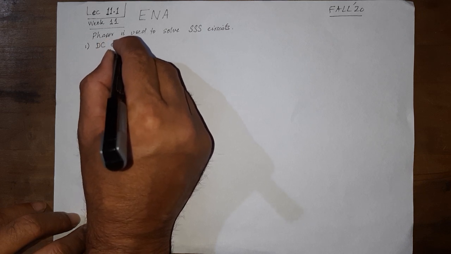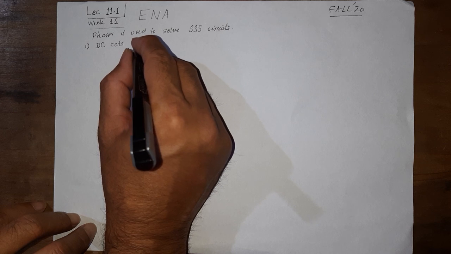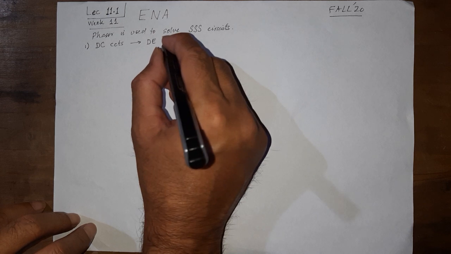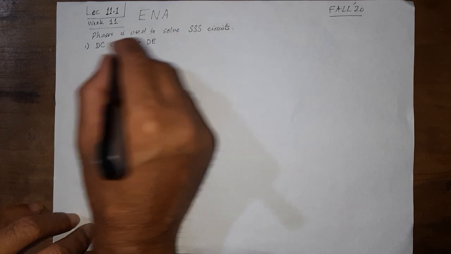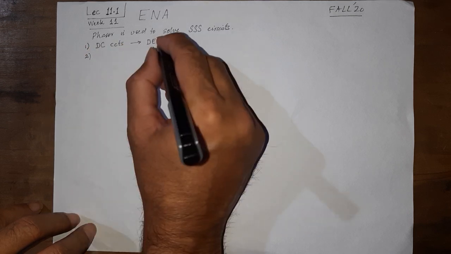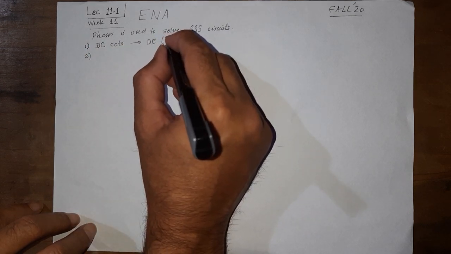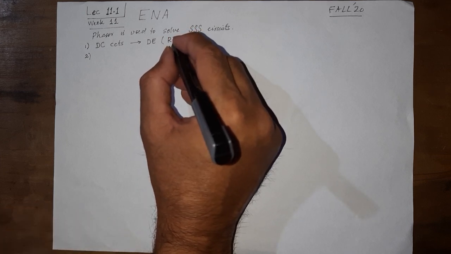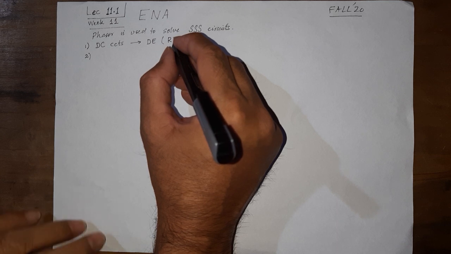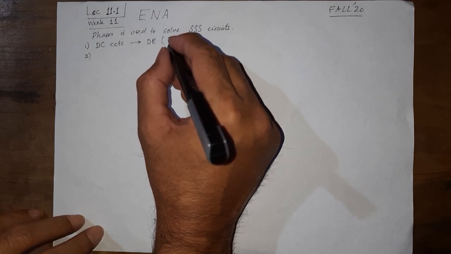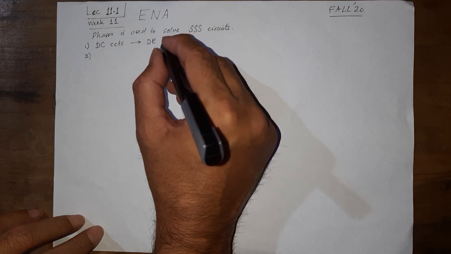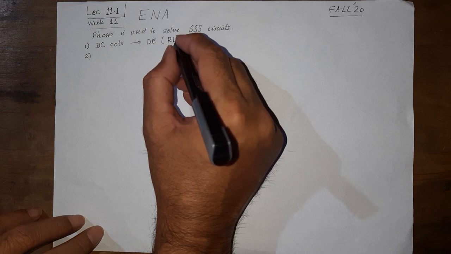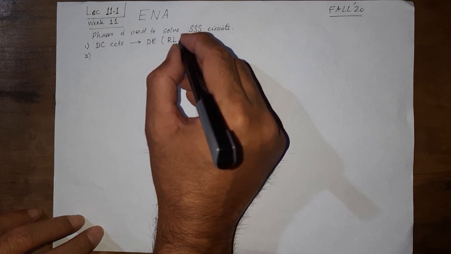So DC circuits are solved using differential equations, and these were pretty limited types of circuits. We had simple RL circuits where a single resistor and a single inductor were connected together, either connected to a voltage source, or the response based on the initial conditions was to be found.